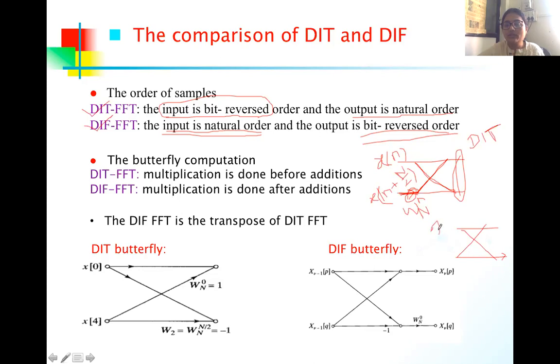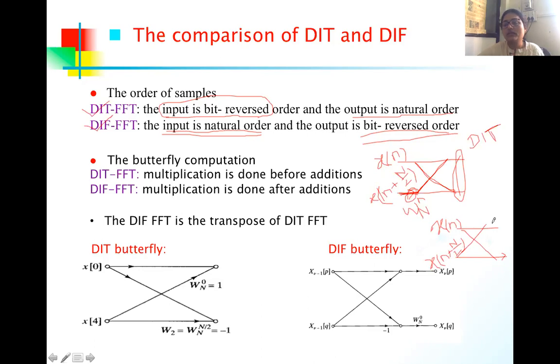Let's say this is my x of n point, and this is x of n plus n by 2. So what exactly do we do in the DIF algorithm?